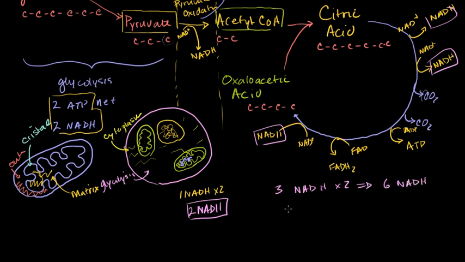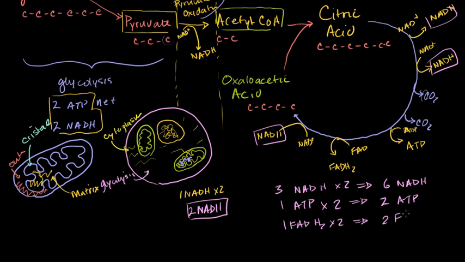We have 1 ATP per turn of the cycle. This is going to happen twice, once for each pyruvic acid, so we get 2 ATPs. And then we have 1 FADH2, but we're going to do this cycle twice. This is per cycle, so times 2.